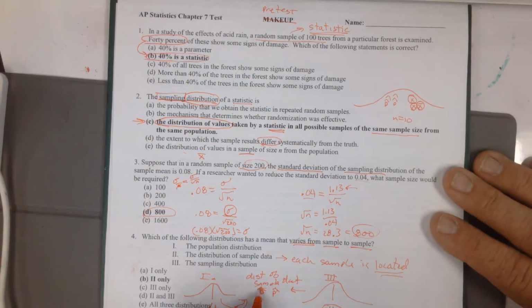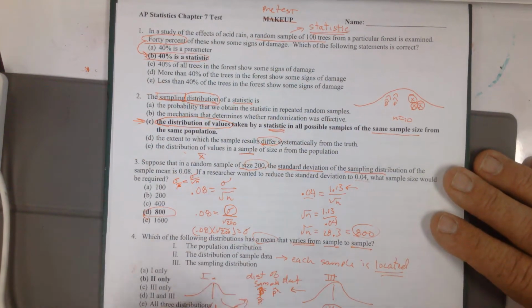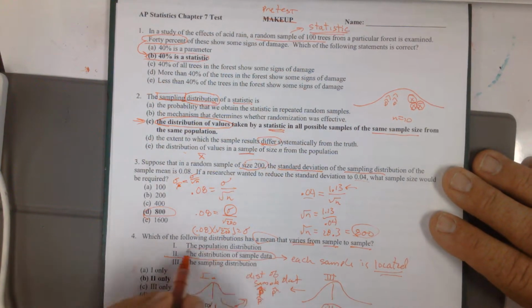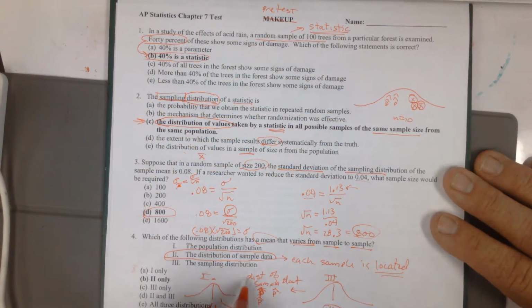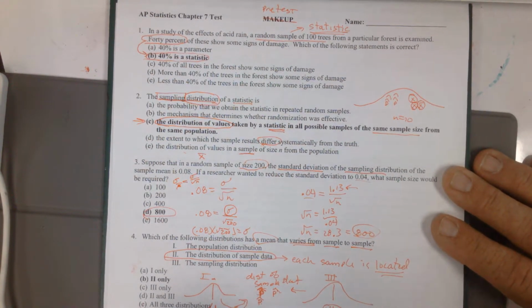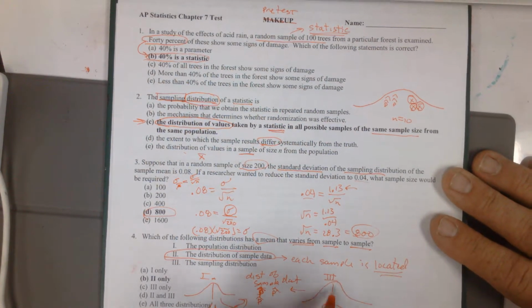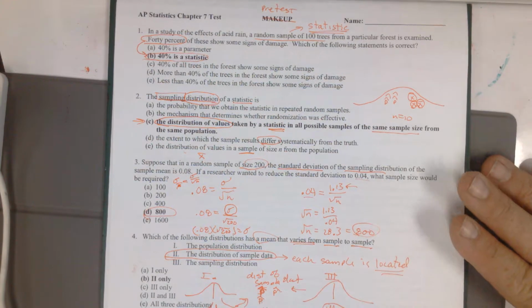So these start bouncing around. It doesn't matter if it's p hat or mean. So this one right here is where the variance happens. This is why we take multiple samples of size 10 and we put them in a sampling distribution so we can find a mean that does not vary. That's kind of the idea behind that one.